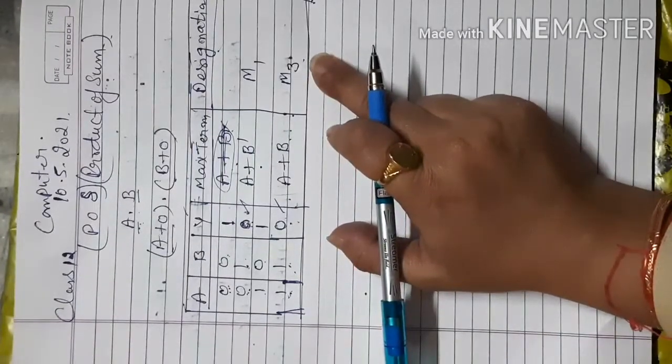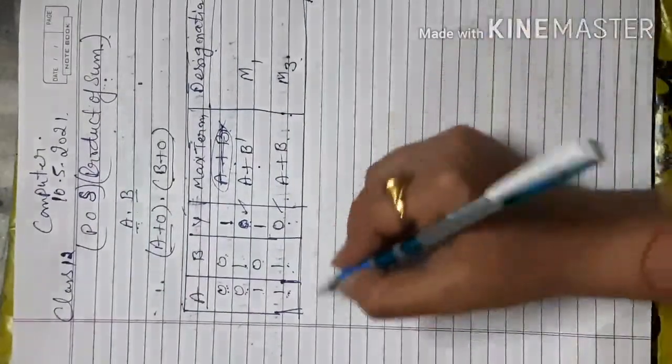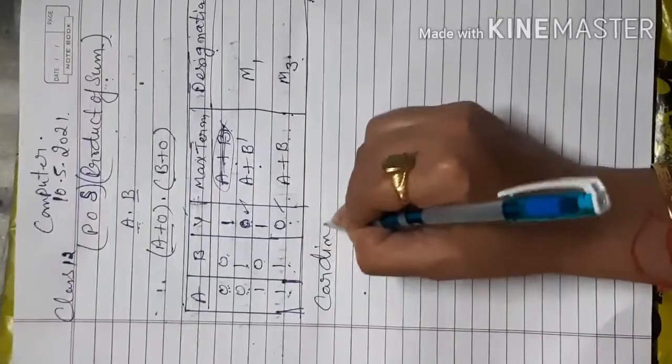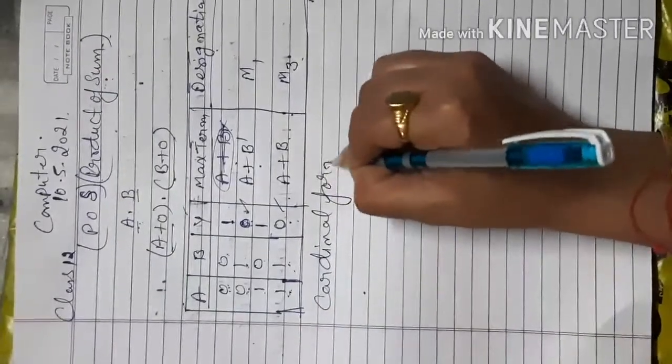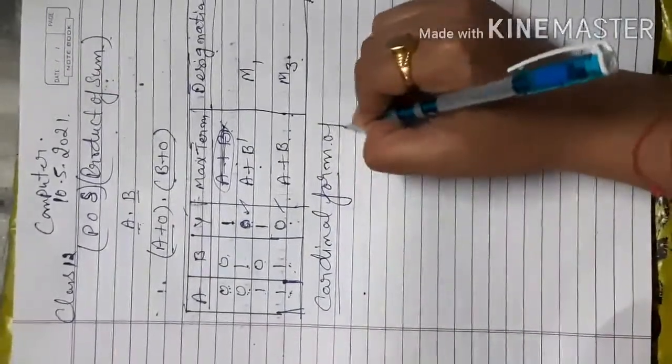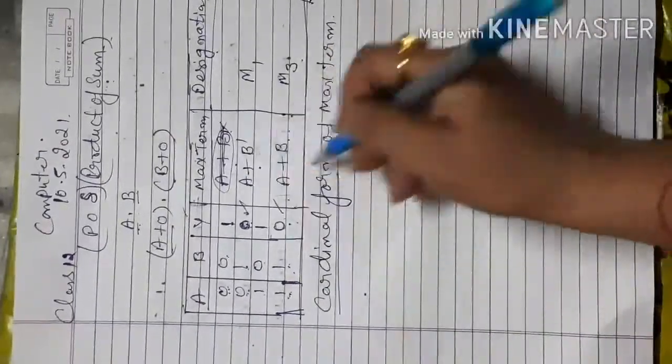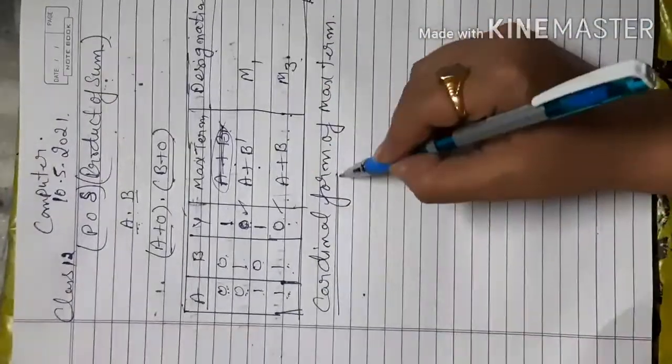Okay, so next, what is the canonical form of the max term? Before writing the canonical form of the max term expression, first I will write what my expression will be in this case.